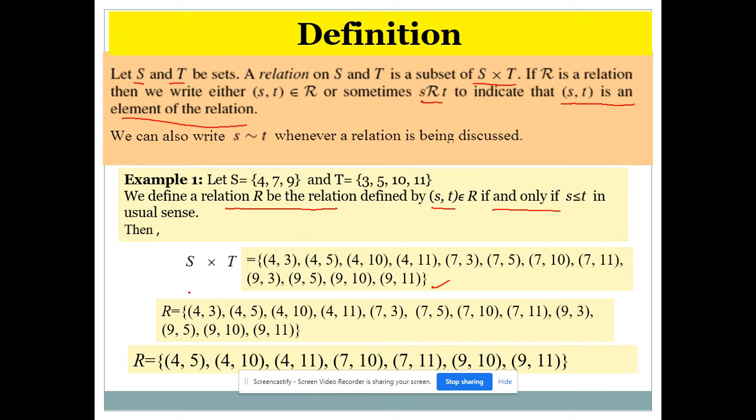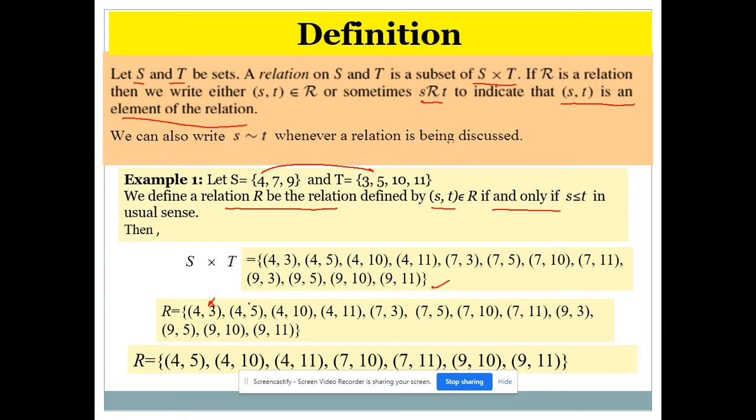In the relation, we would like to associate the elements of set S with the elements in set T, but in such a manner that (s, t) will belong to R if and only if the first element is less than or equal to the second element. So when we make the pairs here, 4 cannot be paired with 3, because 4 is not less than or equal to 3.